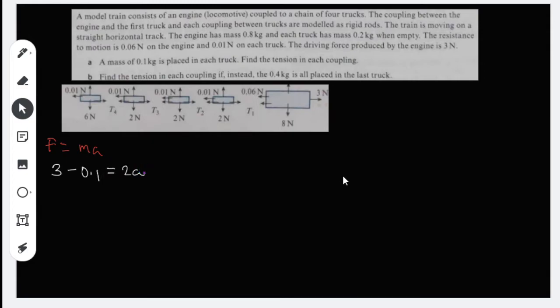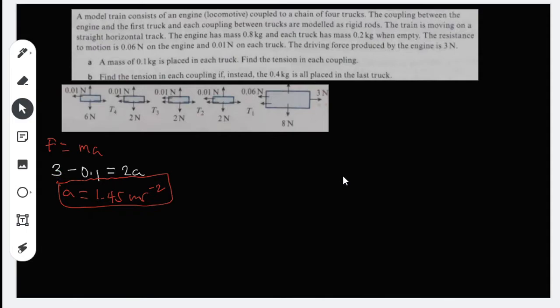If you want to recheck, you can pause the video and try to compute. That is the result we had in the previous video. So here we arrive at the acceleration, which is 1.45 meters per second squared. So this is the same acceleration as what we had.